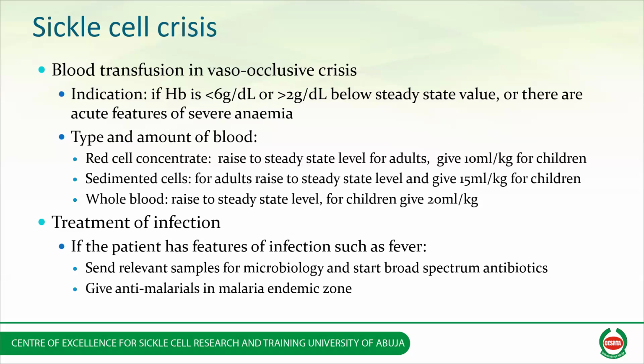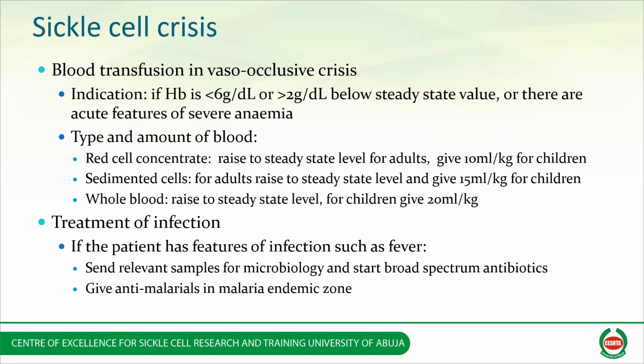Whole blood to raise to steady state level for children, give 20 mils per kg. So the recommended blood type is red cell concentrate or sedimented cells. But if it is not available, we use whole blood.